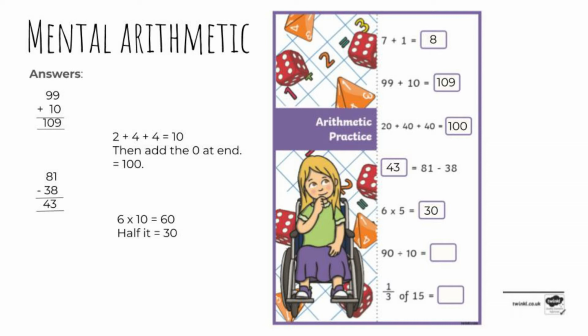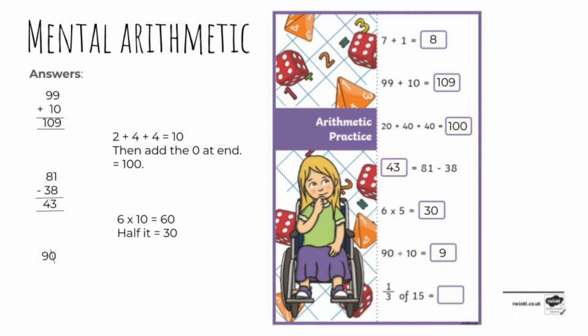Okay, the next question is 90 divided by 10. Let me show you a quick way of doing this. Just cross out the 0. Then we have our answer. So 90 divided by 10 equals 9. Okay, the last question has a fraction, but I will show you how to solve it.